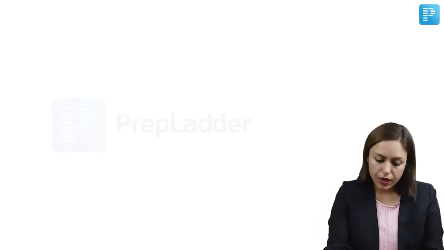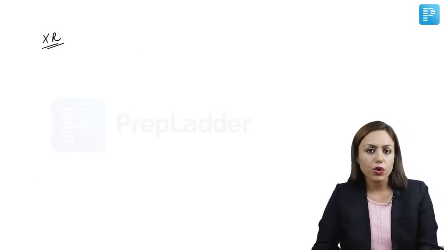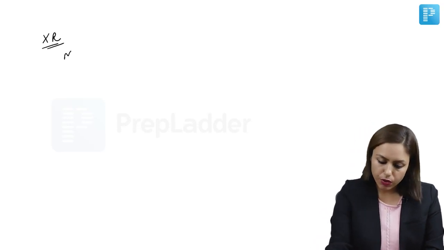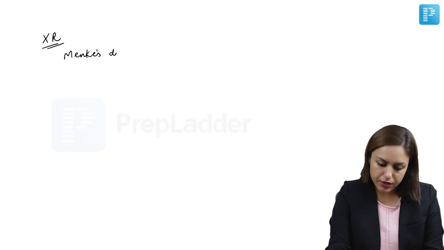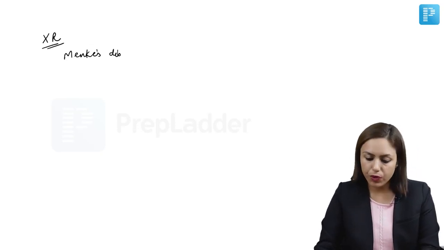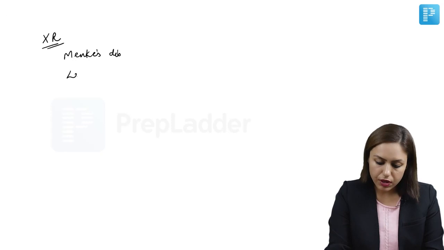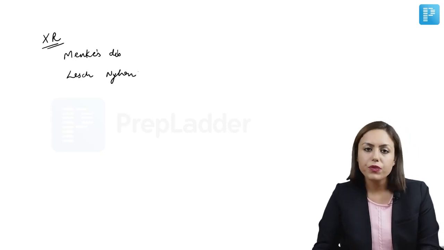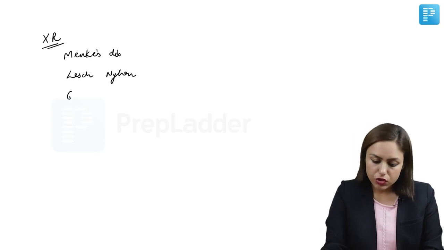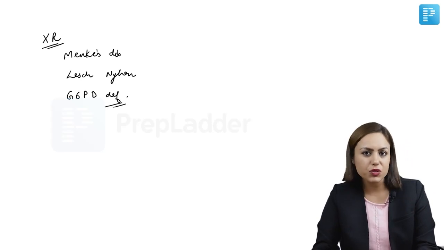So now we can write other X-linked recessive disorders. Three I have already told you on the previous slide, right? So here we have Menkes disease of copper deficiency. Then we have Lesch-Nyhan syndrome with self-mutilation, right? And we have G6PD deficiency with hemolysis and Heinz bodies.